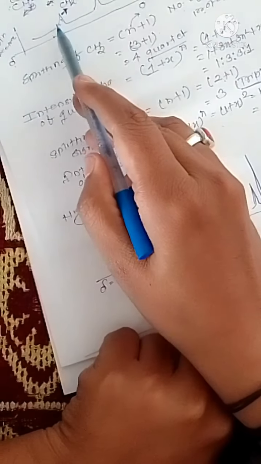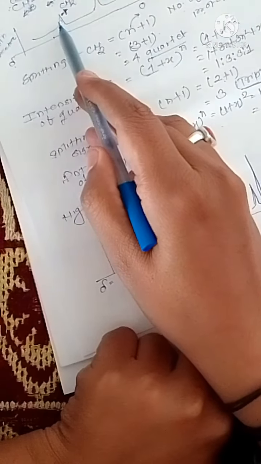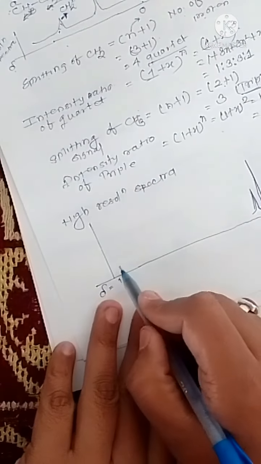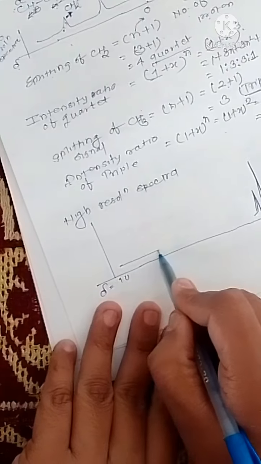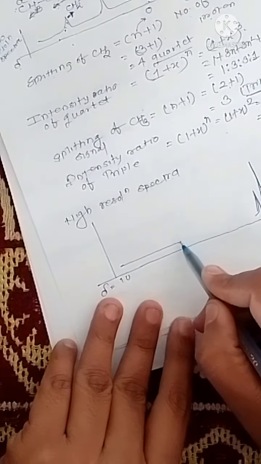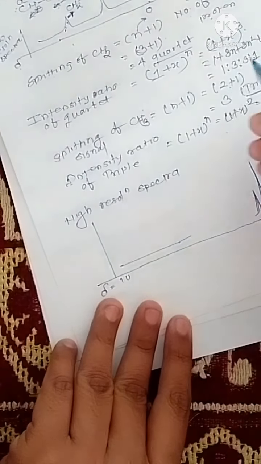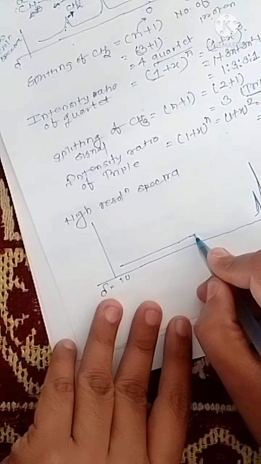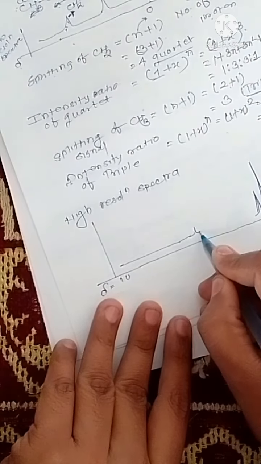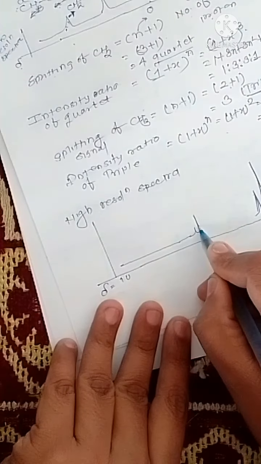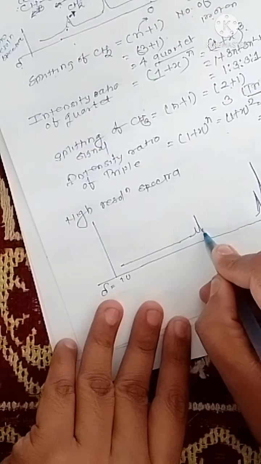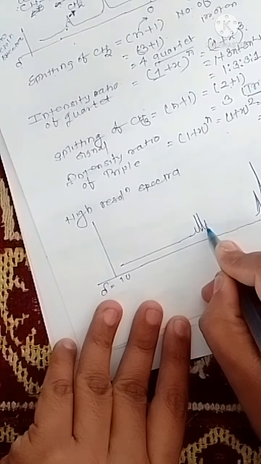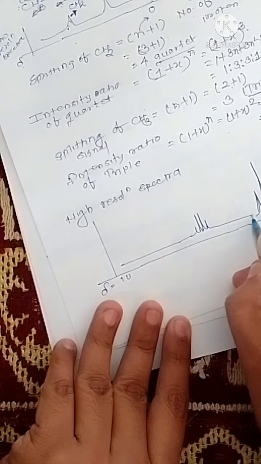Now how is this signal split? It is split into a quartet. And the intensity ratio is 1 is to 3 is to 3 is to 1. So it is 1, near about this is 3 times of that, this is 3 times of that, and this is 1.